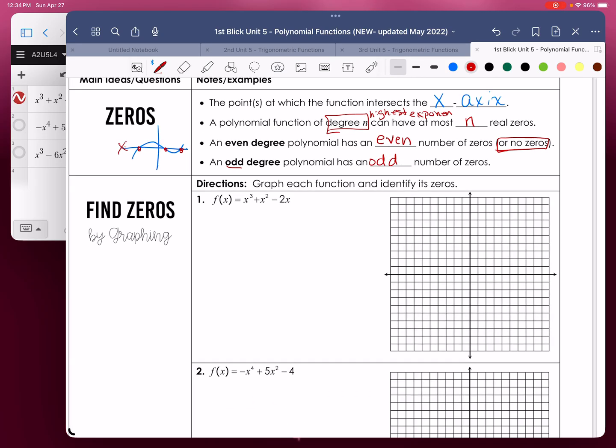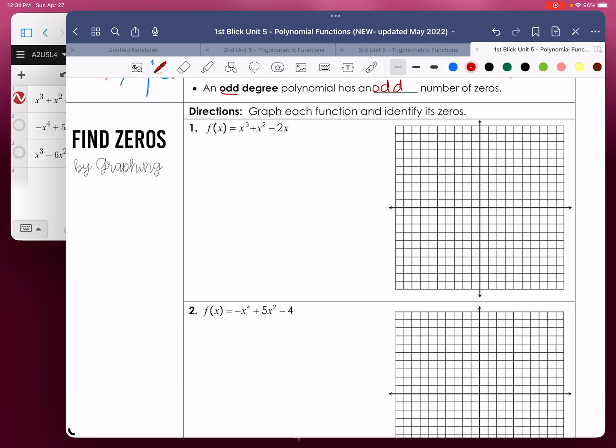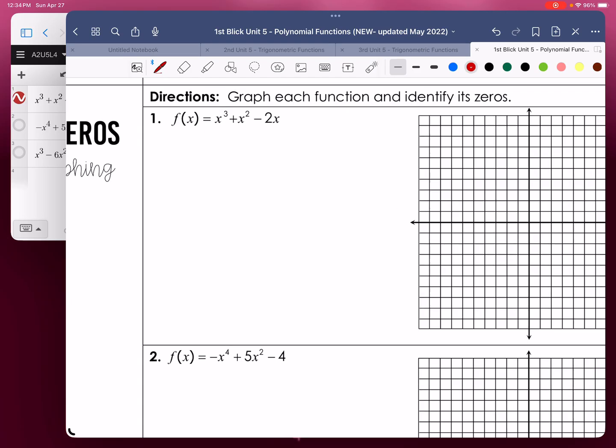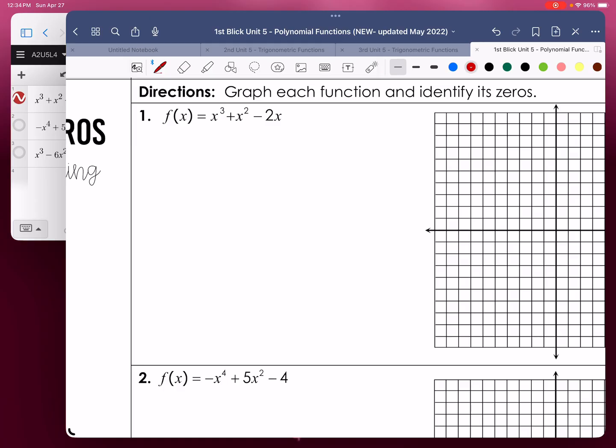Okay, so first let's just examine the graphs of a couple of polynomials and let's see what these zeros look like. Now if you want to graph number one using a chart, just like always you would make your XY chart. So let's say we pick 0 and 1 and -1 and -2.